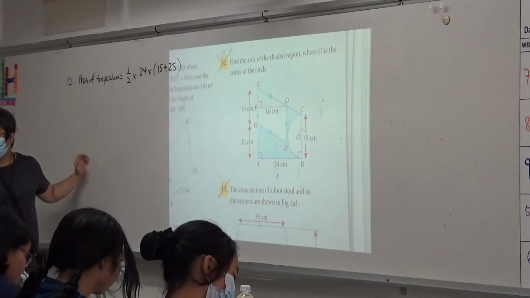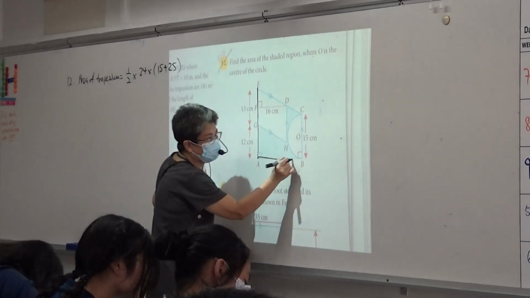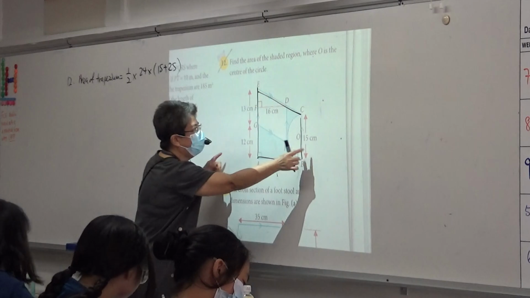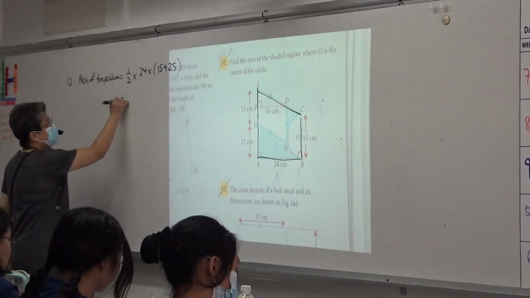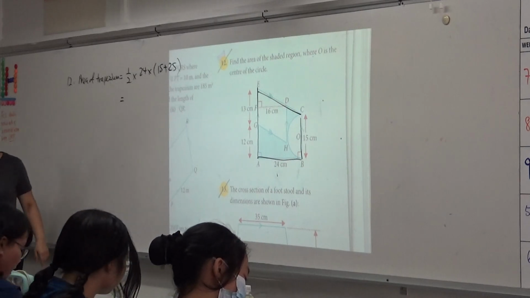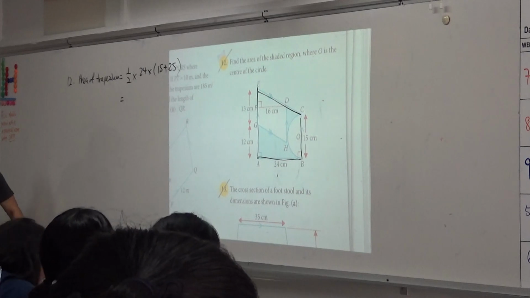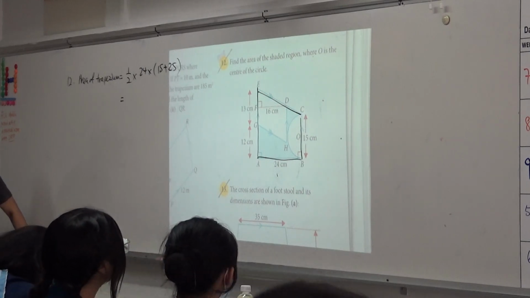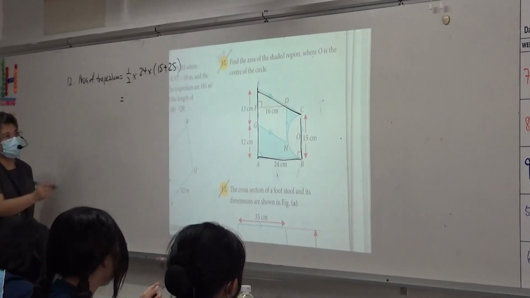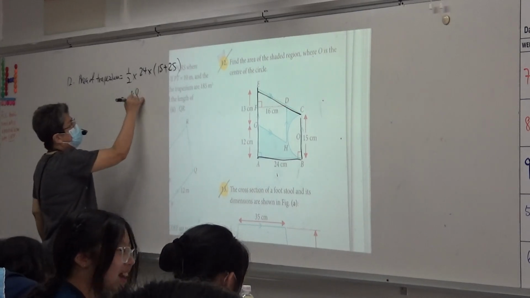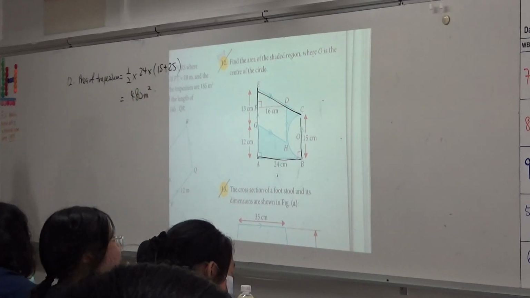Agree? Okay, this is the trapezium now. Isn't it 15 plus 25? Right? Okay. What's the answer? 480, okay. 480 meters square, right? Correct.